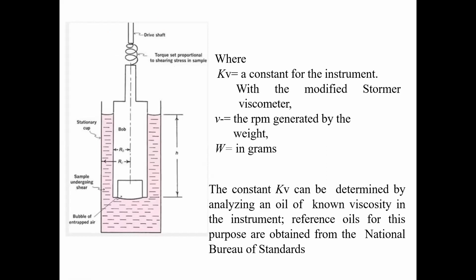The figure explains there is a stationary cup, sample undergoing shear, a bubble of entrapped air, a drive shaft, and a torque proportional to shearing stress in the sample, and other parameters: RPM, W in grams weight, K the constant for the instrument, and everything is given.